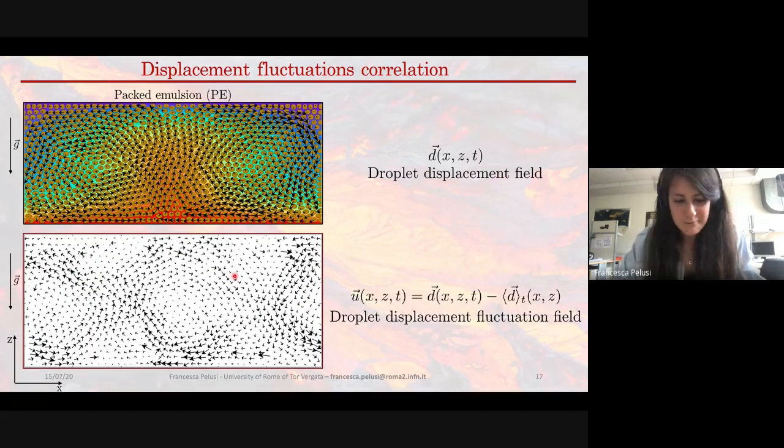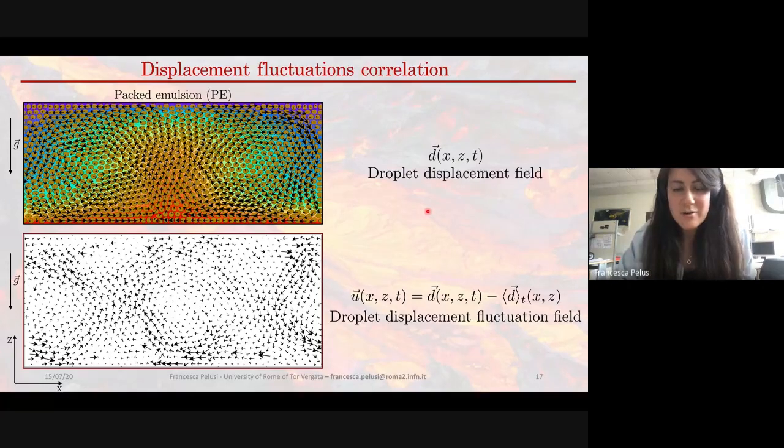But we also observe that when we have the maximum of the heat transfer, that means the global Nusselt number, we observe regions where the displacement is greater in comparison to the average motion of the droplets.